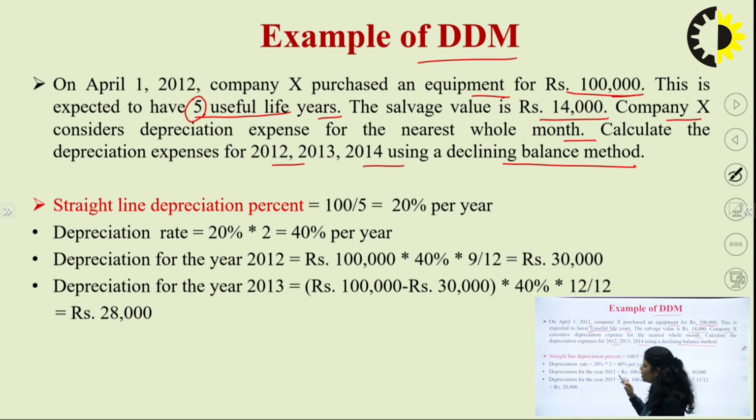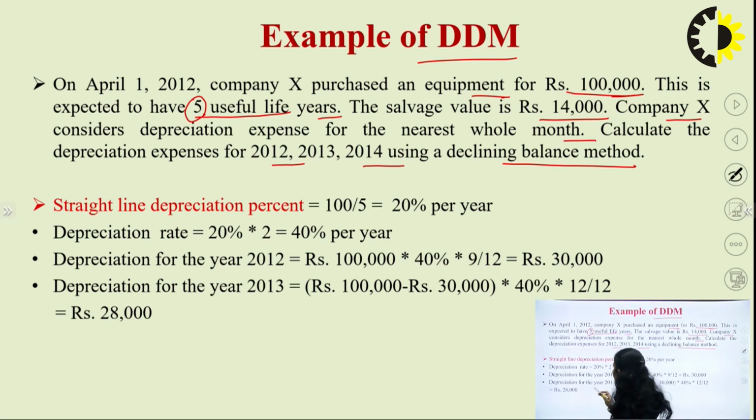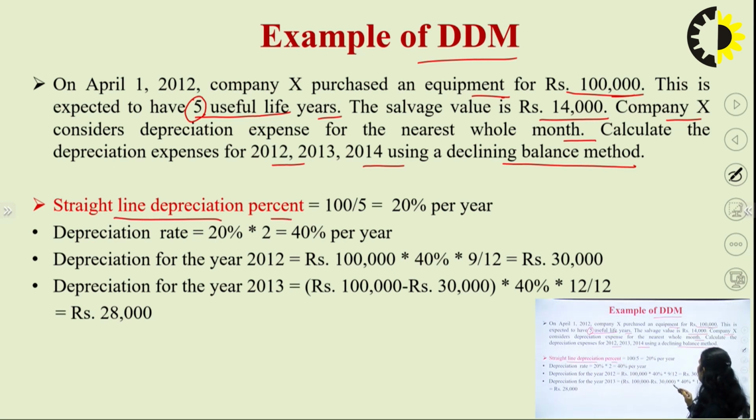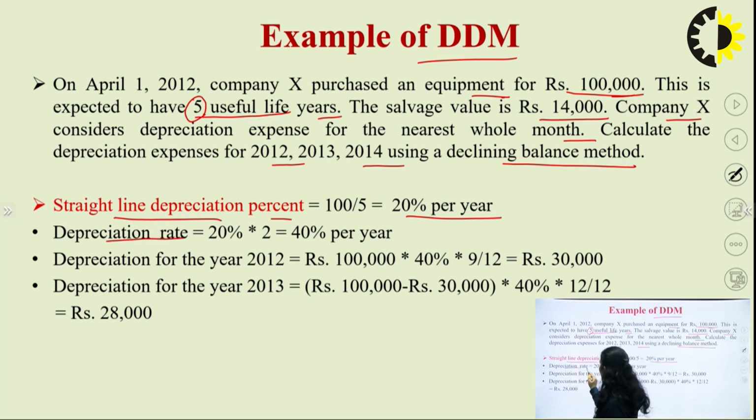Okay. So, how will we calculate? First of all, we will calculate the straight line depreciation percent. Straight line depreciation percent will be 100 divided by 5. So, it will become 20% per year. Then we calculate the depreciation rate.